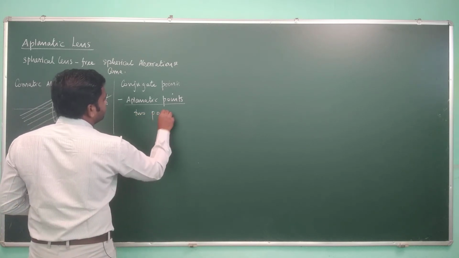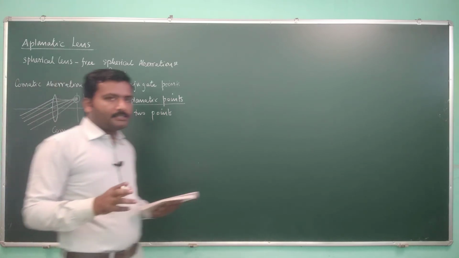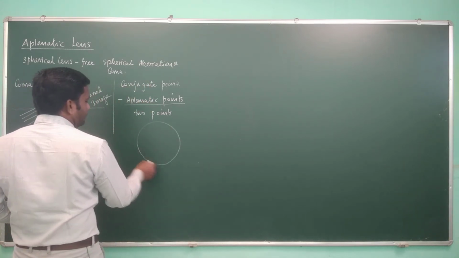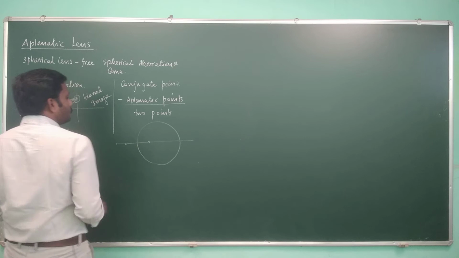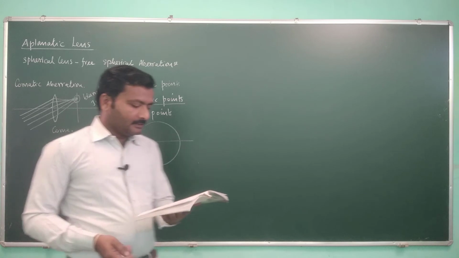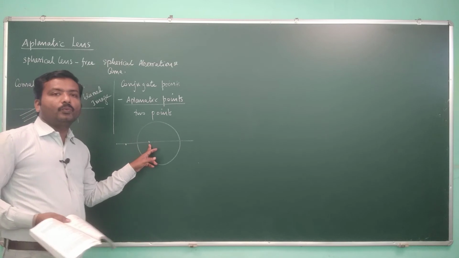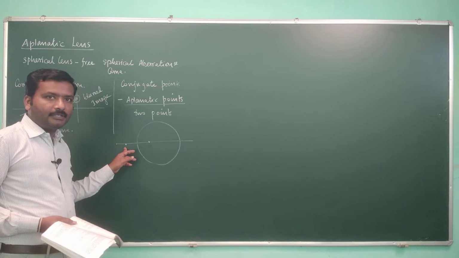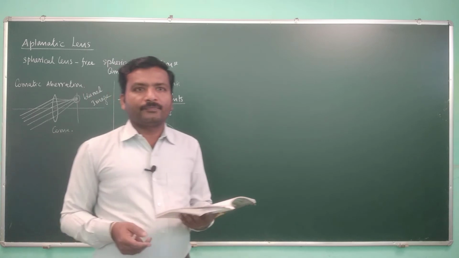We can define these two points on the axis of a spherical lens, in such a way that if the object is placed at one point, then the image will appear at the other point without any defects like spherical aberration or chromatic aberration.